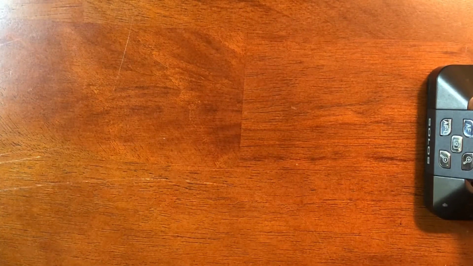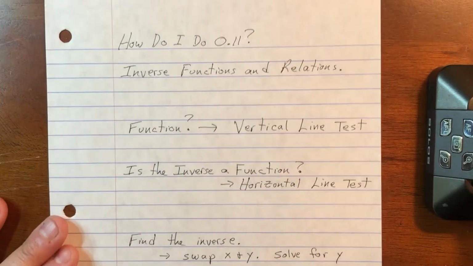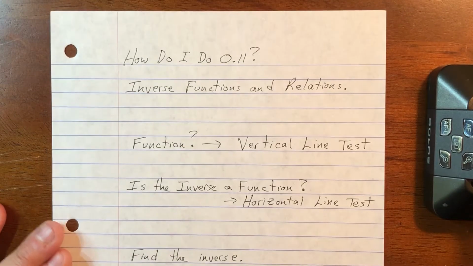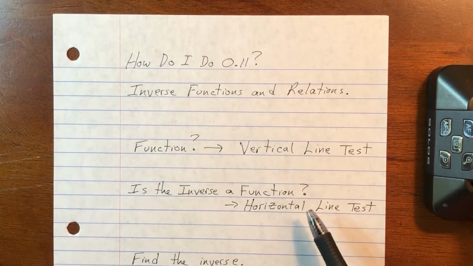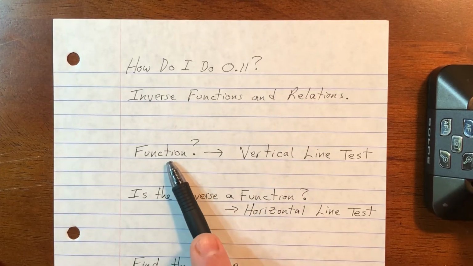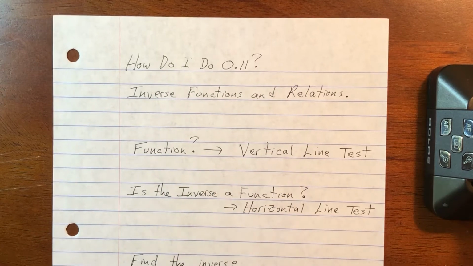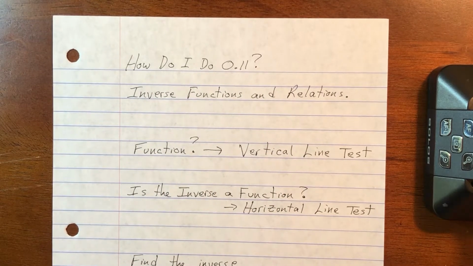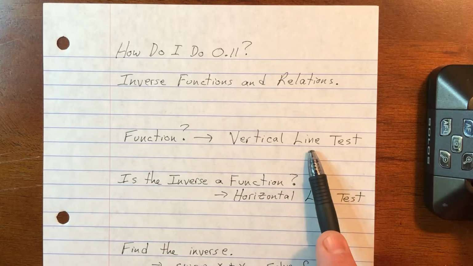Let's take a look at O11. There are a few things you have to know on O11. All right, inverse functions and relations. First of all, they are going to be asking us, is something a function? If something is a function, and I'm going to go through this relatively quickly because we went through all this in class, we use the vertical line test.